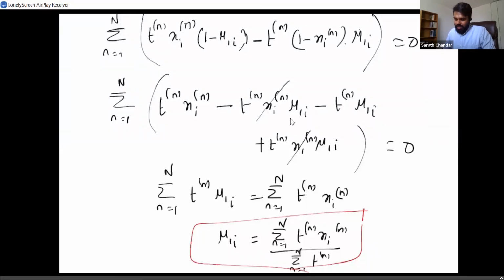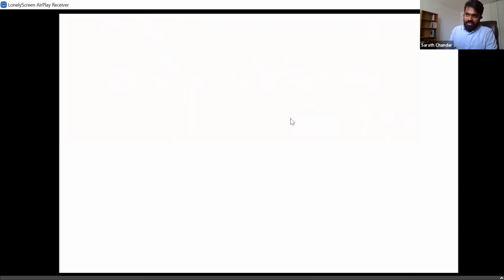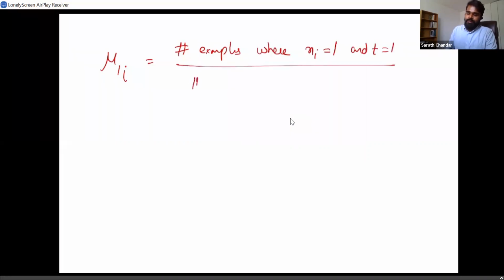We are essentially counting the number of times t_n is equal to 1 and x_i is equal to 1, and you are dividing it by the number of times t is equal to 1, right? So another way to look at this is mu_1i is equal to the number of examples where x_i is equal to 1 and t is equal to 1, divided by the number of examples where t is equal to 1.